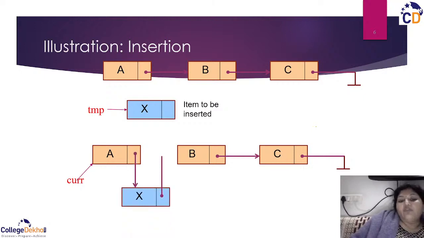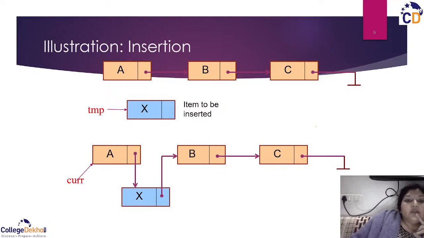The address of A, we will cut the connection. The address of A now points to the X node, and the X node will be containing the address of the B node. So this is how we insert an element in the linked list, right?